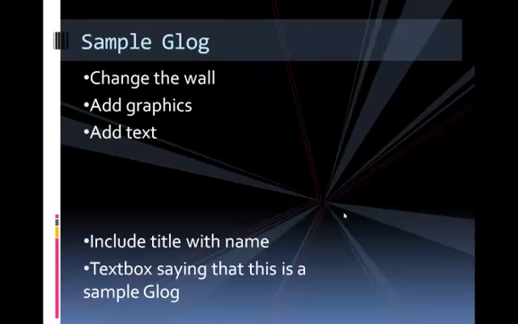You can, if you want to, add some pictures, but today you are not required to do that, just the text, graphics, and changing the wall. Somewhere on there, include the title with your name. You can include that it's a sample. And then in a text box, say that this is a sample glog or your first sample glog, whatever you want to do, just some kind of sentence indicating that it is a sample.